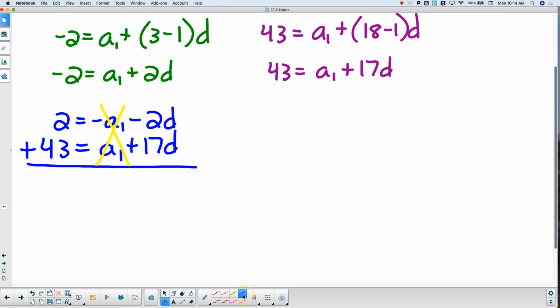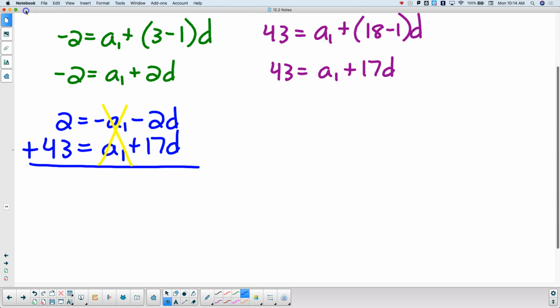That leaves me with 45 is equal to 15d, so d is 3. The common difference is 3.